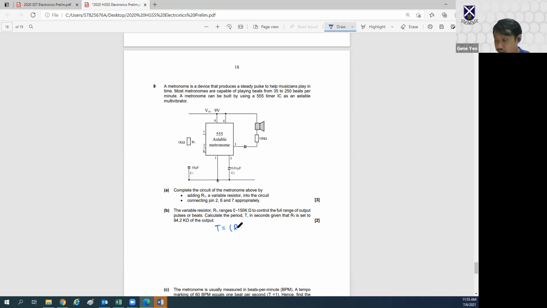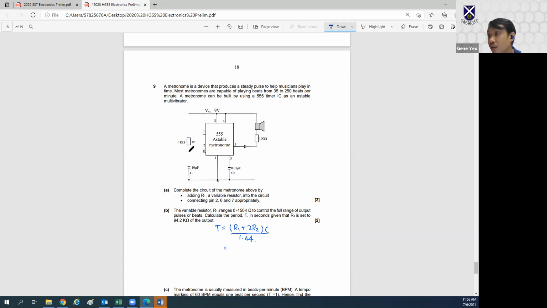So the formula is (R1 plus 2R2) C over 1.44. So first up, you have to know the formula. If I'm not mistaken, this is provided in the formula sheet on the front.